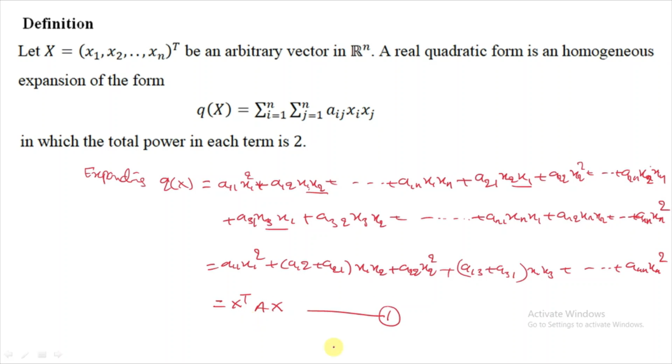Take this as equation one: x transpose A x, where x is the vector and A means the matrix with entries a11, a12, up to a1n, a21, a22, up to a2n, and so on, an1, an2, up to ann. This is the transformation.